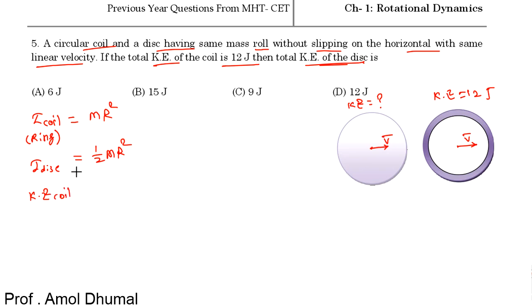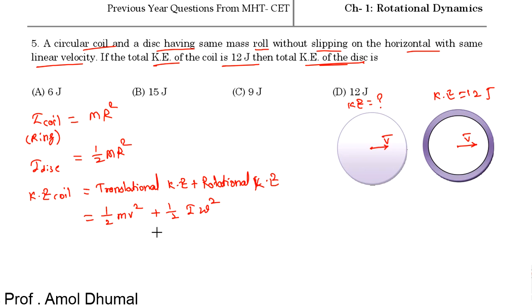the kinetic energy of coil is given as translational kinetic energy plus rotational kinetic energy. It is the addition of translational kinetic energy and rotational kinetic energy for this coil. So translational kinetic energy is given as 1 half m v square plus rotational kinetic energy is given as 1 half I omega square.